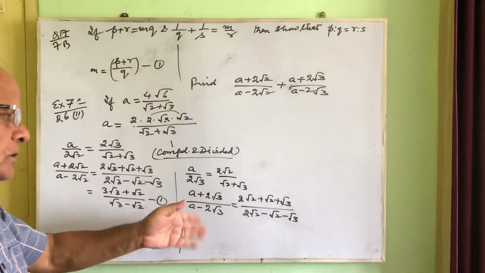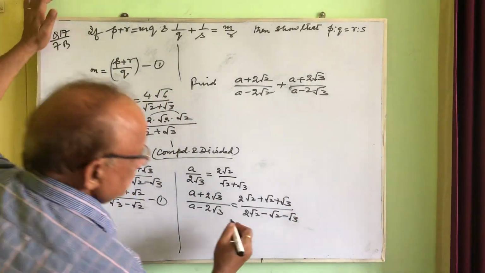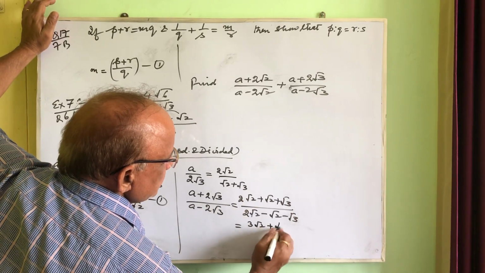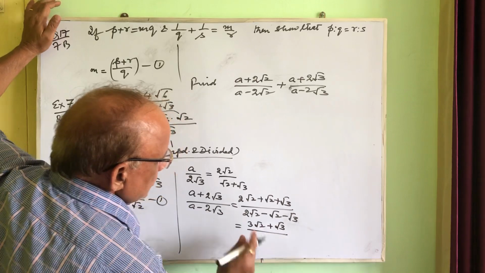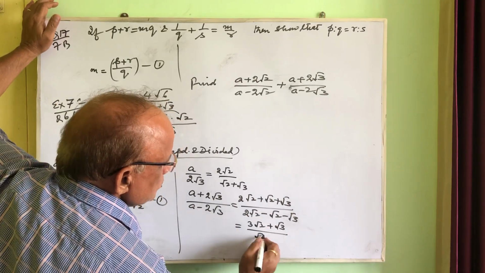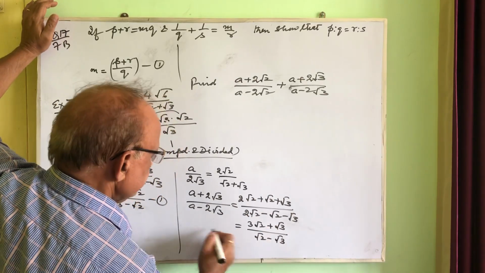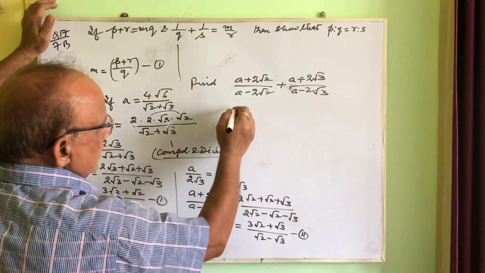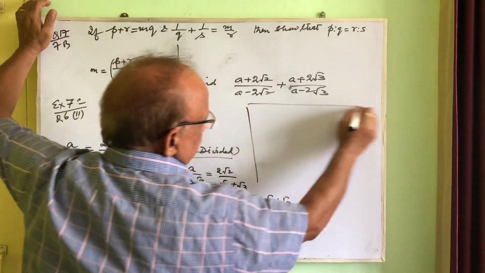Numerator plus denominator by numerator minus denominator. Here 2 root 2 plus root 2 is 3 root 2 plus root 3, and 2 root 2 minus root 2 is root 2 minus root 3. This is second.